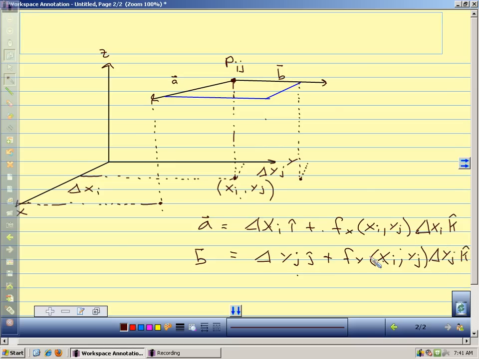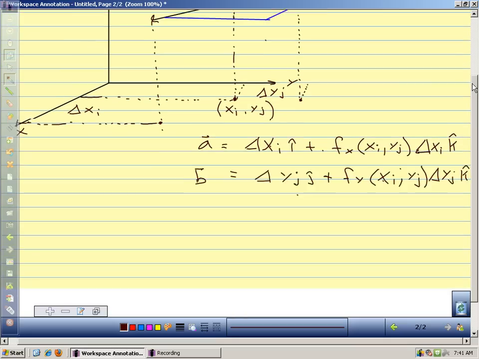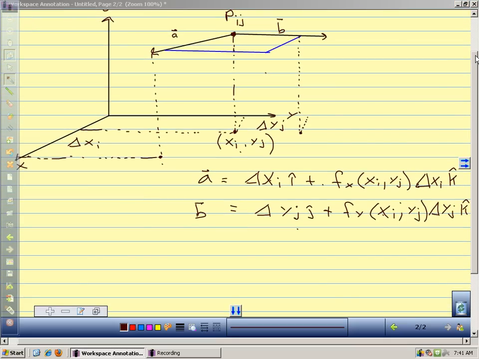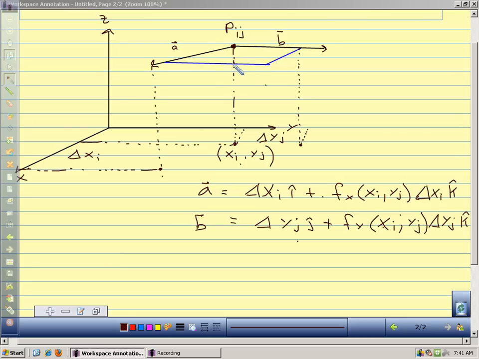And the area of this little piece of the tangent plane is the magnitude of the cross product of A and B. We're going to call the area of this piece of the tangent plane delta T of ij.